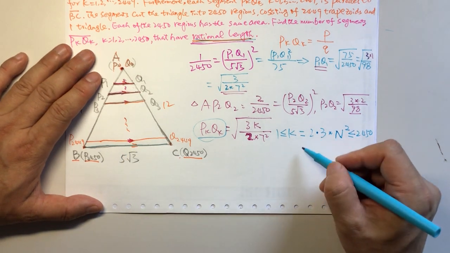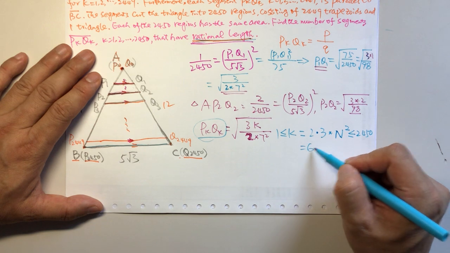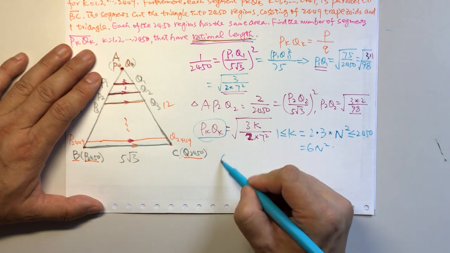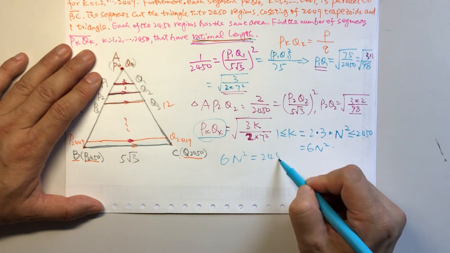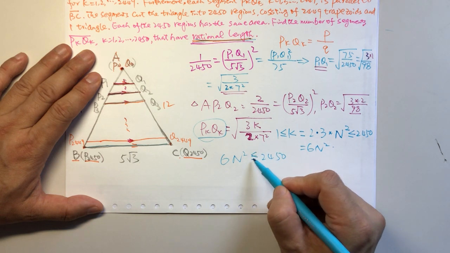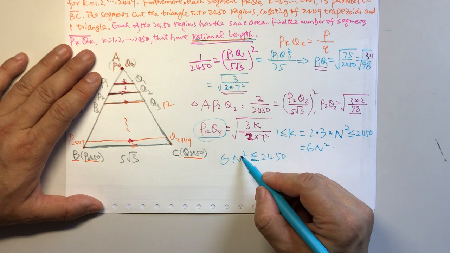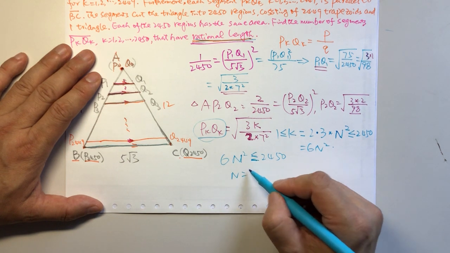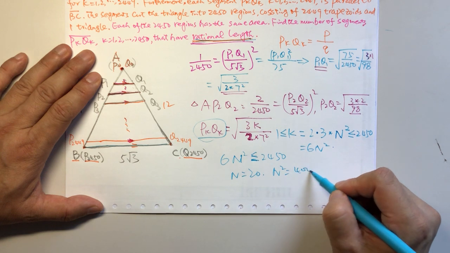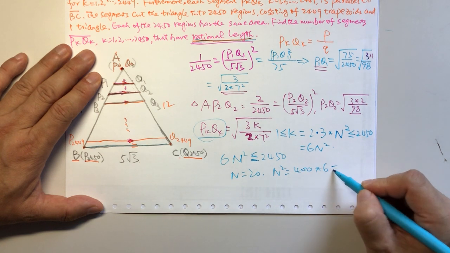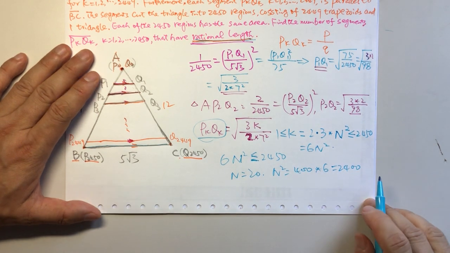So we need 6n squared less than or equal to 2450. We can easily find n equals 20, because 20 squared is 400, and 400 times 6 is 2400.